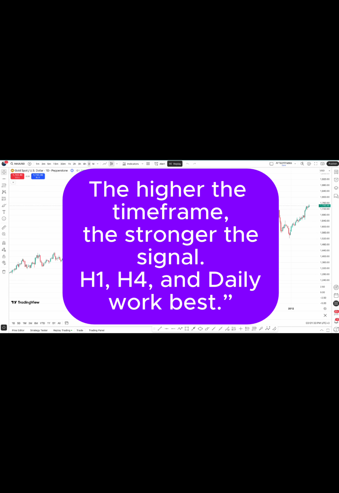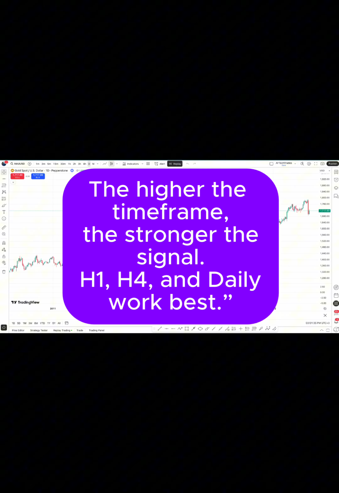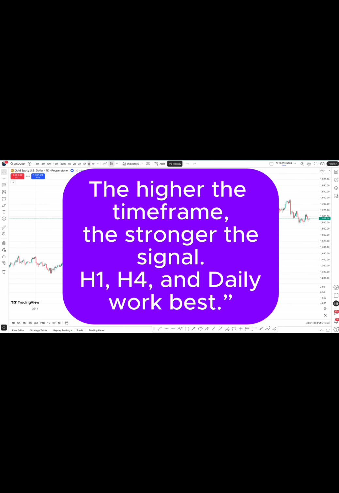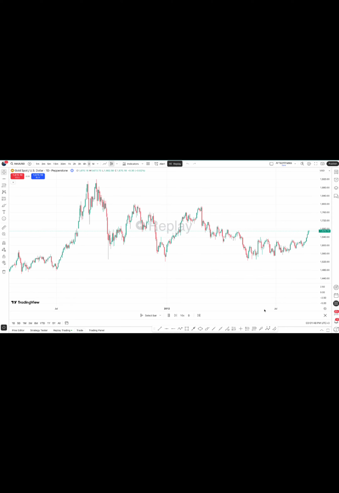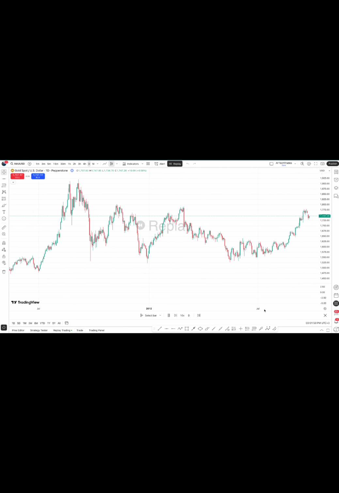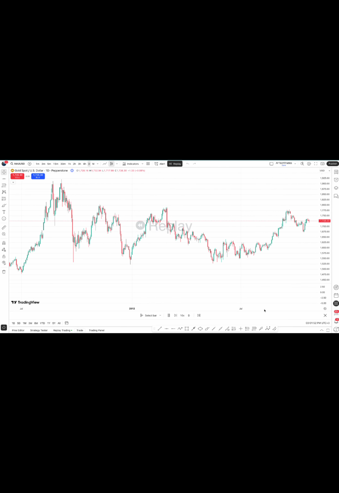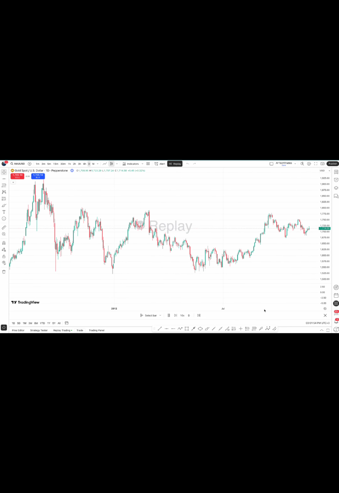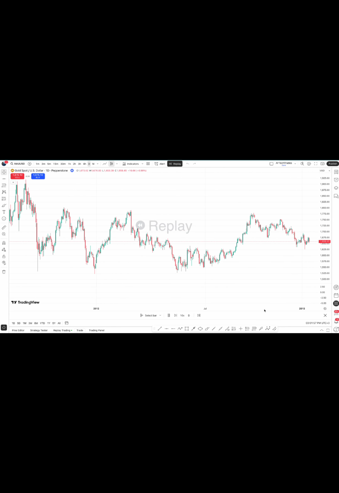The higher the time frame, the stronger the signal. Remember this, please, always. Start from the 1 hour time frame, like I said, to 4 hours, daily. They work perfectly, depending on the kind of trader you are. Don't go to lower time frames, please. Don't choose this on lower time frames, right?